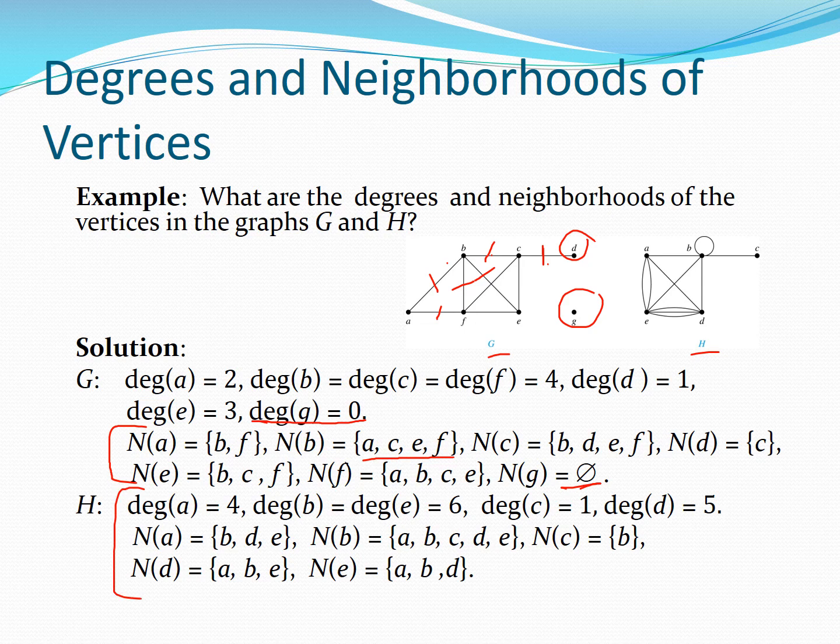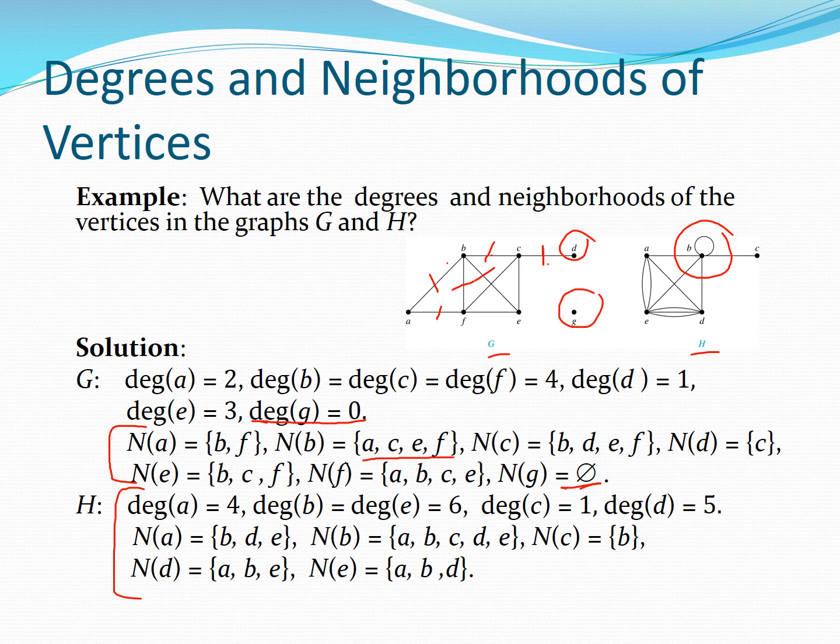All right, in a similar way, you can find the degree of each of the vertices in the graph H. So degree of A is how many edges are connected to A. So you have 1, 2, 3, and 4. Now an important thing to notice here is let's look at B. How many edges are connected to B? This is an undirected graph, right? So in an undirected graph, if you have a loop, it's going to add 2 to the degree of that vertex.